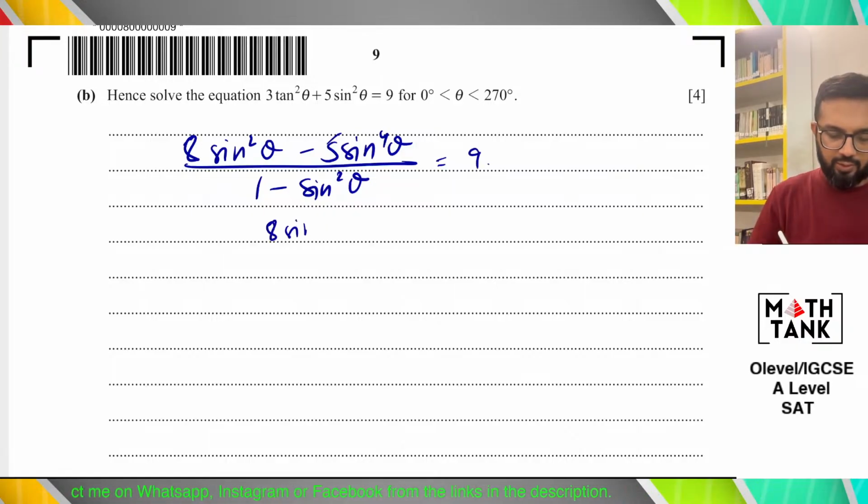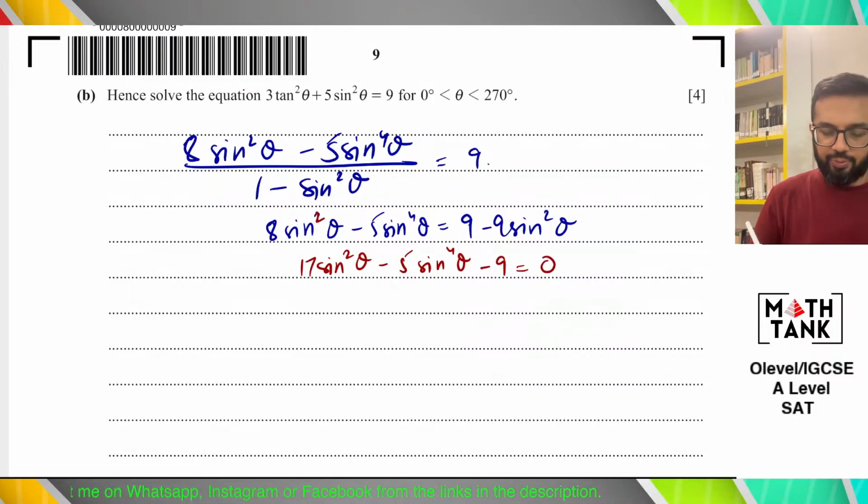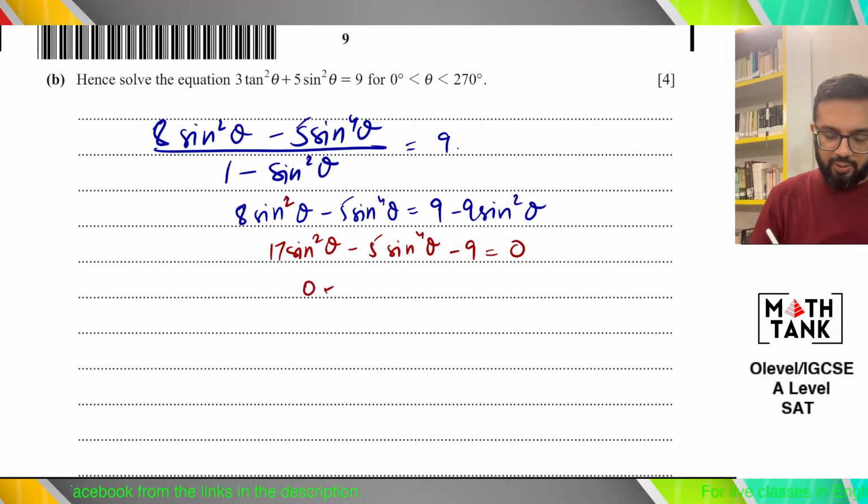So 8 sine square theta minus 5 sine power 4 theta equals to 9 minus 9 sine square theta. Bringing it to one side, 18 sine square theta minus 5 sine power 4 theta minus 9 equals to 0. I think I should move it to the right hand side because I see a disguised quadratic forming.